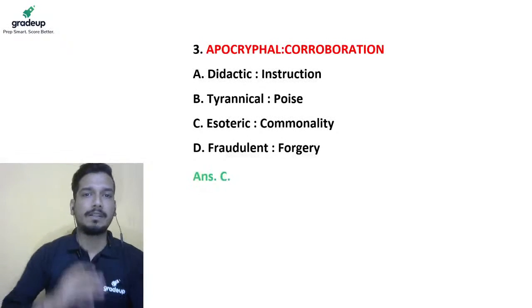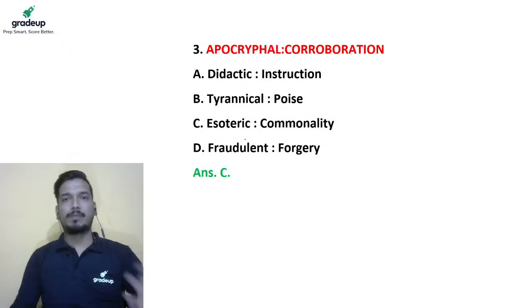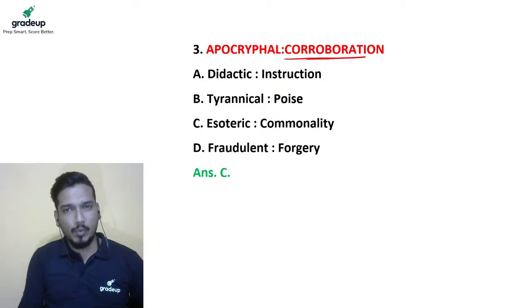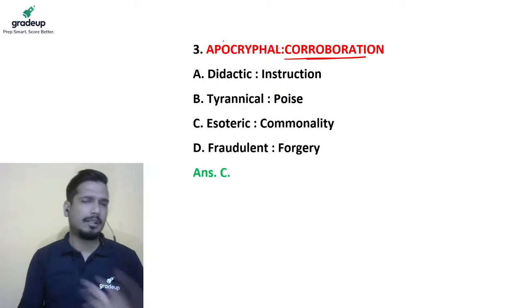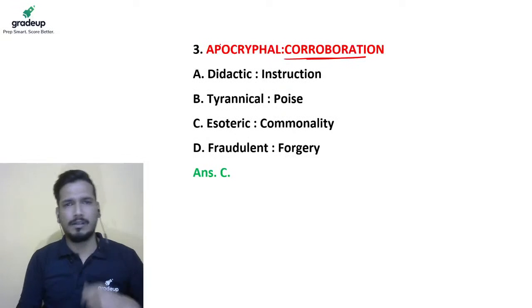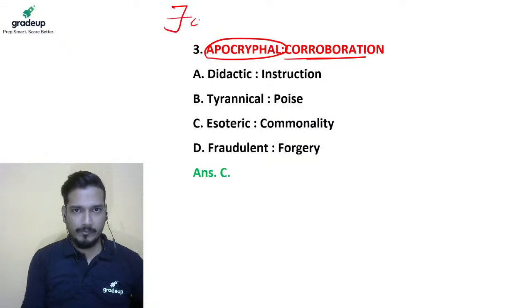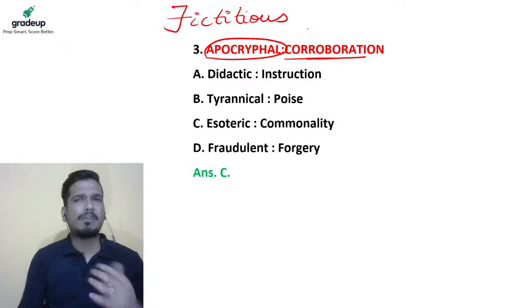So the answer is C. Okay, let me explain. Now these words are a bit typical. This word is still used in everyday vocabulary, but this one is not. It's rarely used. Apocryphal means fictitious, or that which is not real.